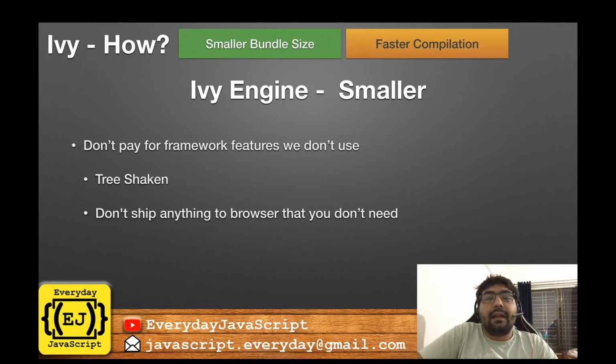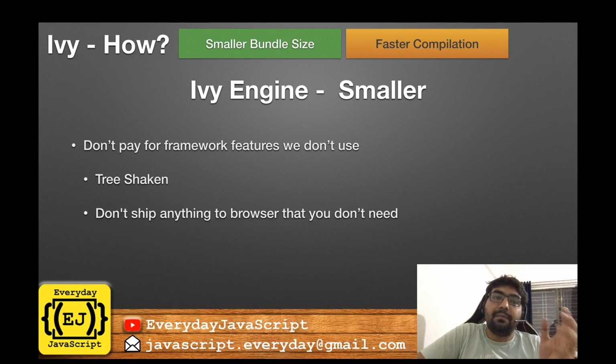Another reason why Ivy is giving us smaller builds is we don't pay for the framework features that we don't use. It uses the concept that is known as tree shaking. Now, what is tree shaking? Tree shaking is where we don't ship anything inside our browser that is not being used.